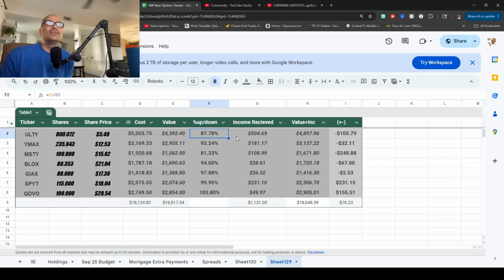I don't know, because there's a lot going on. You also have the income dropping as well. So your share price is dropping and your income's dropping. You'll need to put something back in there to bring your cost basis down and line your income back up. Does that make sense? I hope that makes sense. It makes sense in my head.